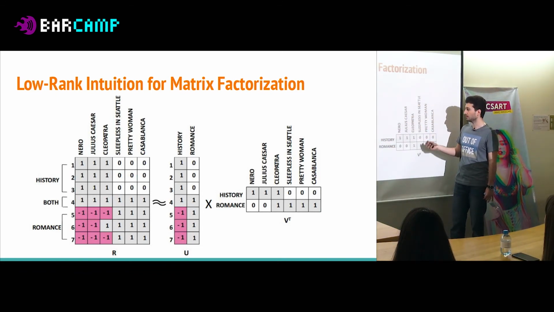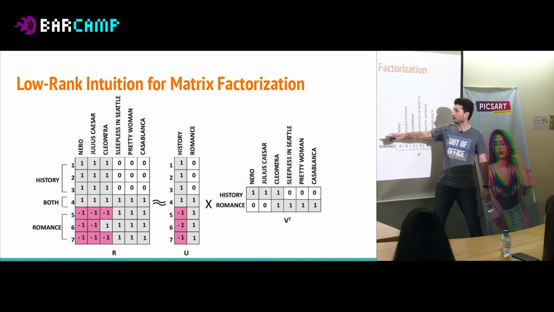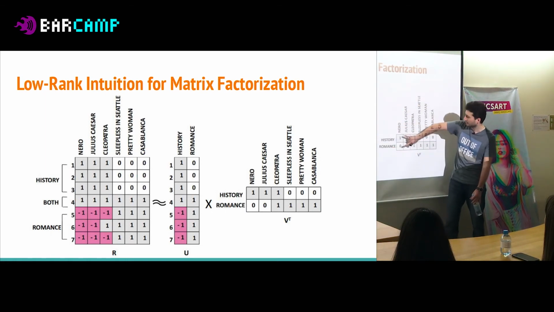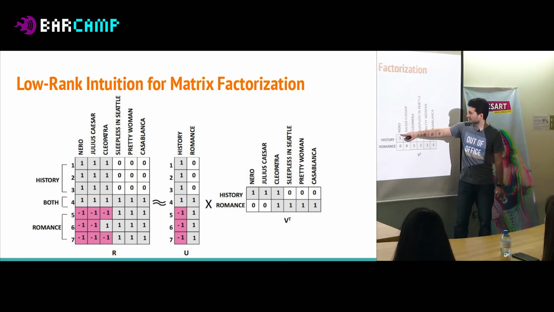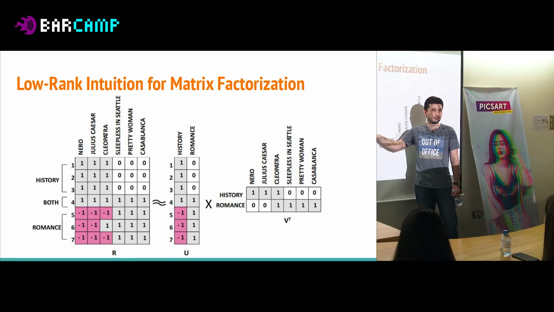That will mean that if we want to factorize this matrix, we need matrix U and matrix V, both with dimension K equal to 2. So 7 users by 2, and 6 items by 2. And what do these numbers actually mean?